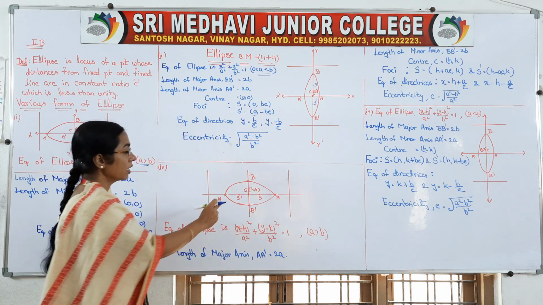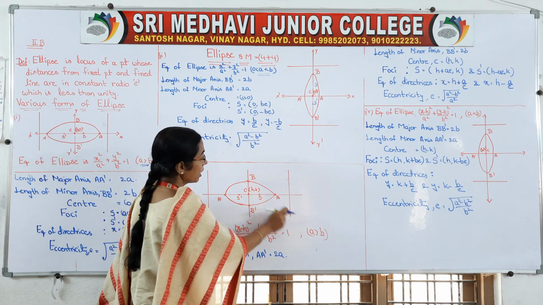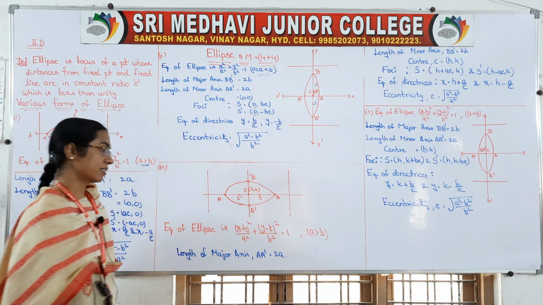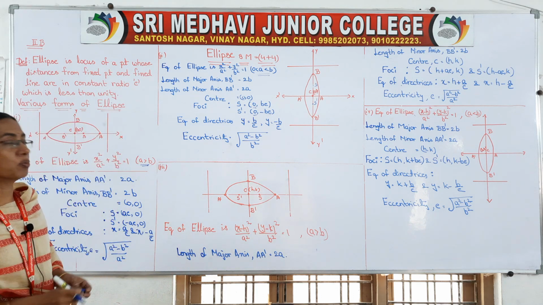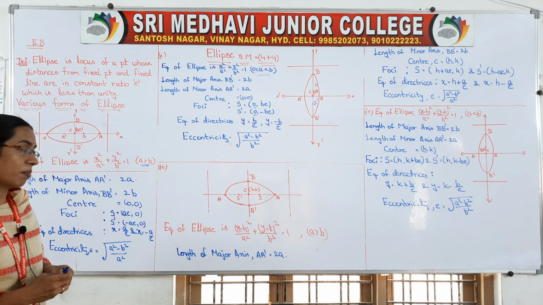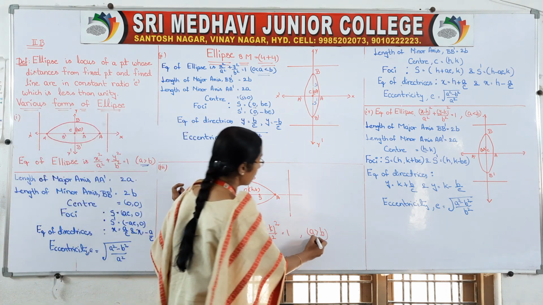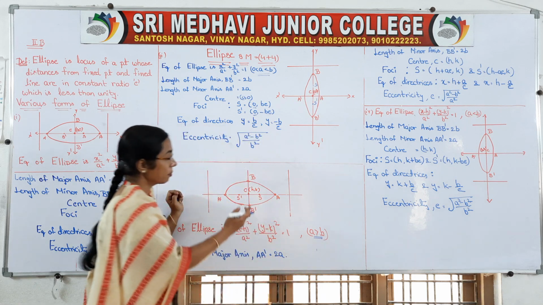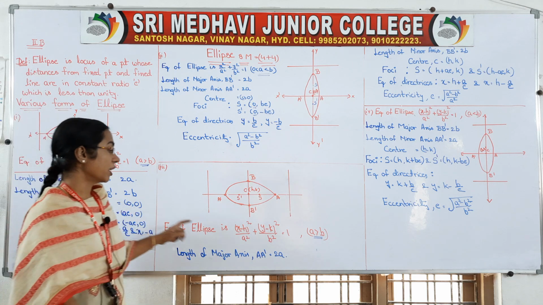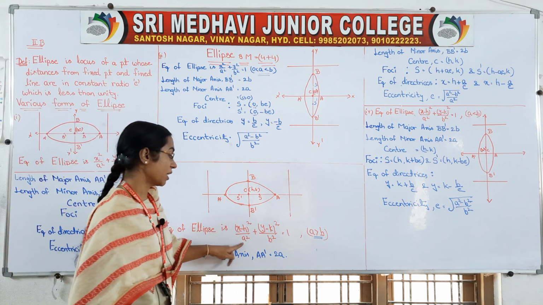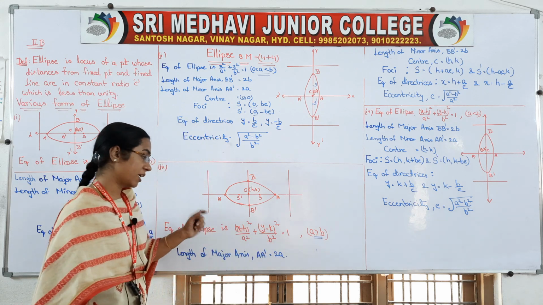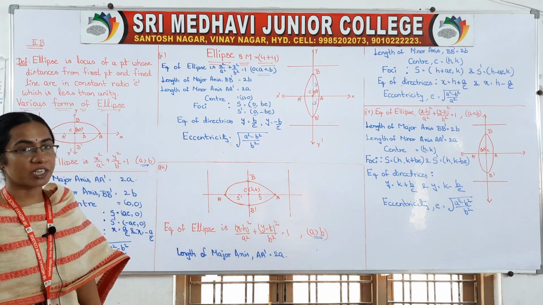Same thing, two foci will be there, two directrices will be there, a major axis and a minor axis. And what is its respective equation? The elliptical equation whose center is (h, k) and whose a value is greater than b, that means your major axis is along a dash, is x minus h whole square by a square plus y minus k whole square by b square is equal to 1. This is your ellipse equation.